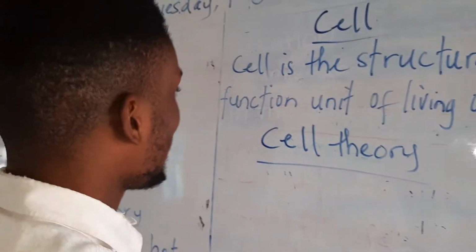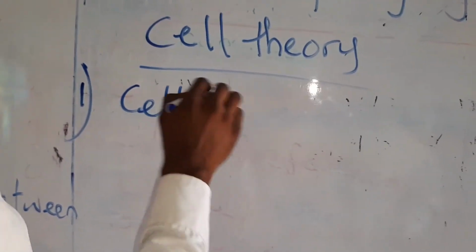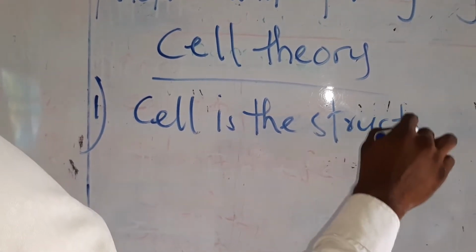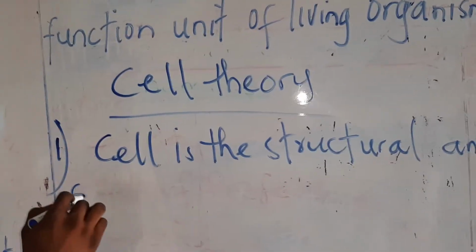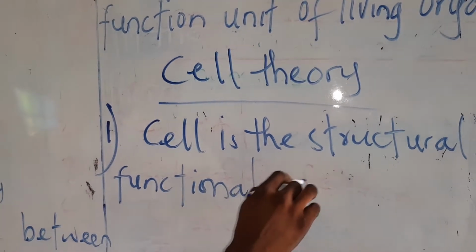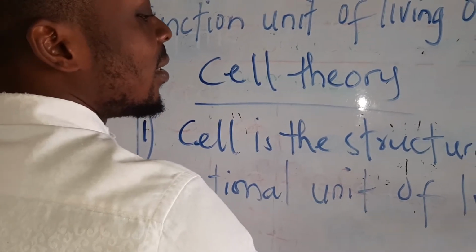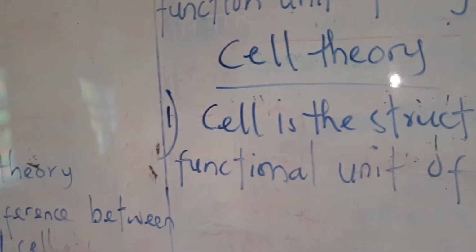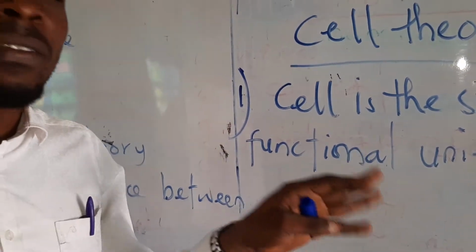So for the first one, the first theory says that cell is the structural and functional unit of living things.